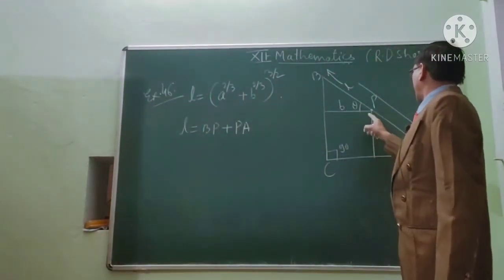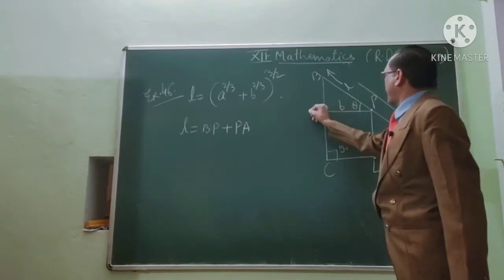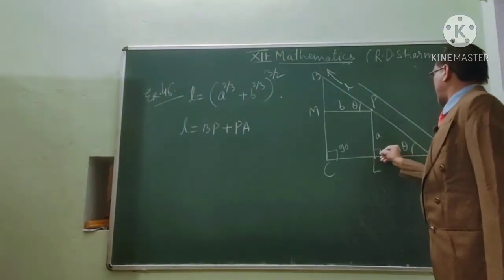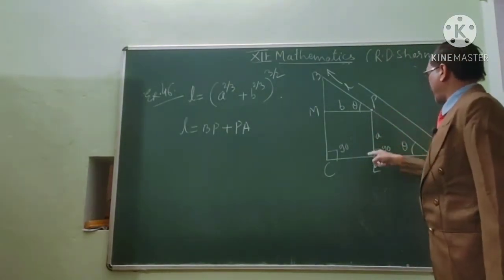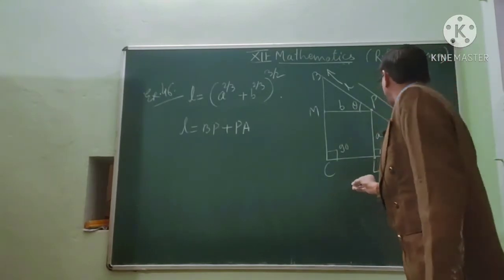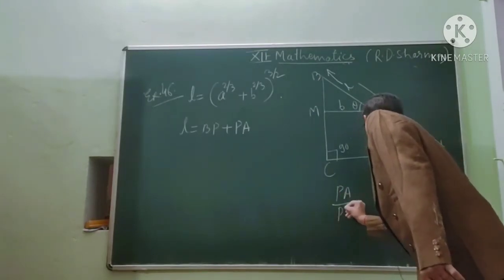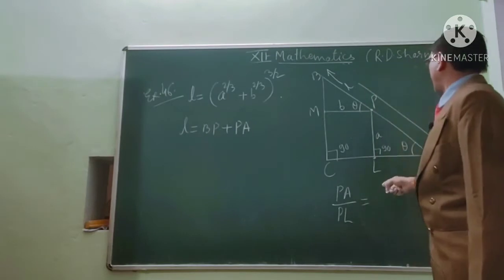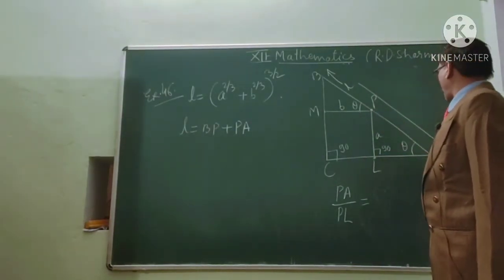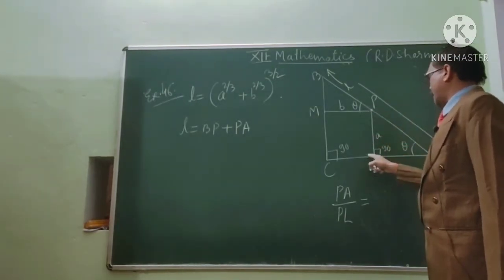Since this length is a, let this be the point L and this the point M, and in the right angle triangle this angle is 90. Here we know PL, so we can find PA. PA upon PL: PA is the hypotenuse of triangle PAL and PL is the perpendicular.